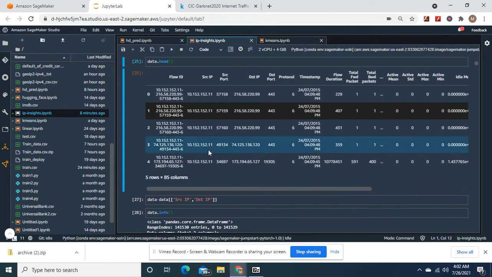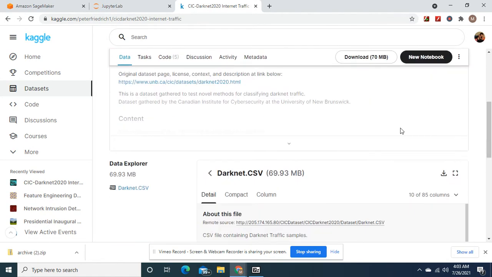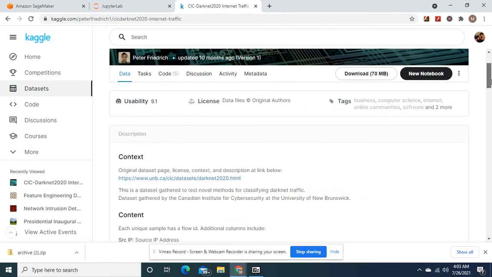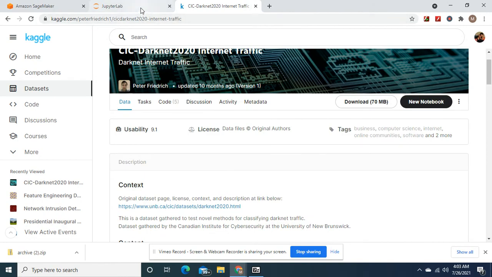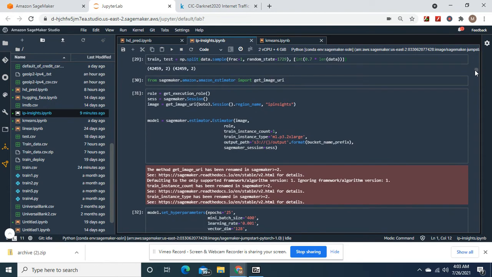It's pretty hard to find one. So that's why I suggest finding this, even though this is just darknet internet traffic in general. But this is from the Canadian Institute of Cybersecurity at New Brunswick. So probably the only one who deployed it on SageMaker, but it's what I would do.